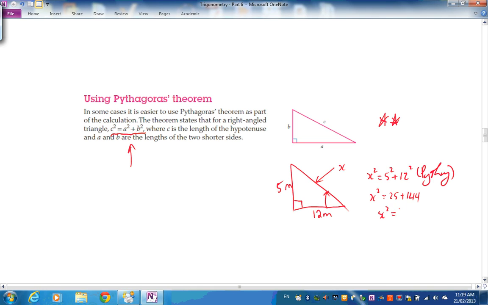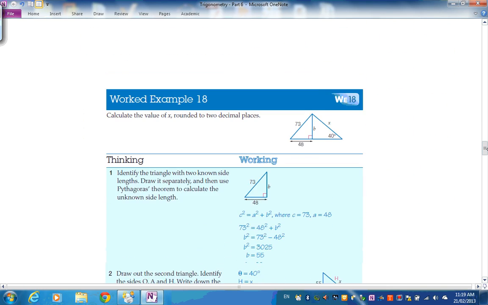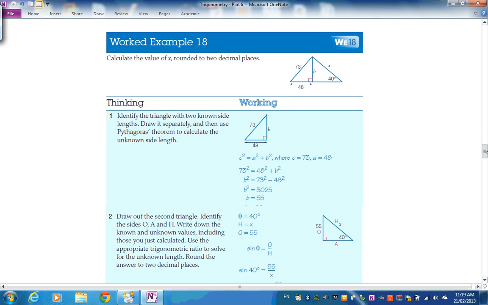This comes to 169, or 13, and it's only positive 13 because the side must be positive. So don't forget, when you're doing go-between problems and you get into the second triangle and it's right-angled, you might find it easier to use Pythagoras to find that length. Okay, let's move on, do the final worked example, and then you can have a go.